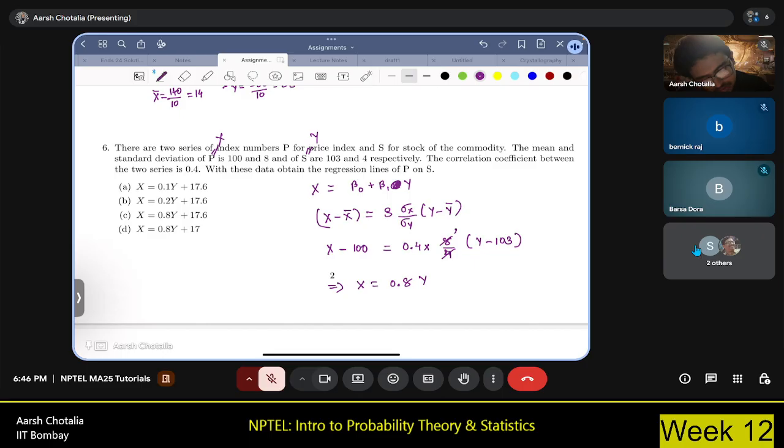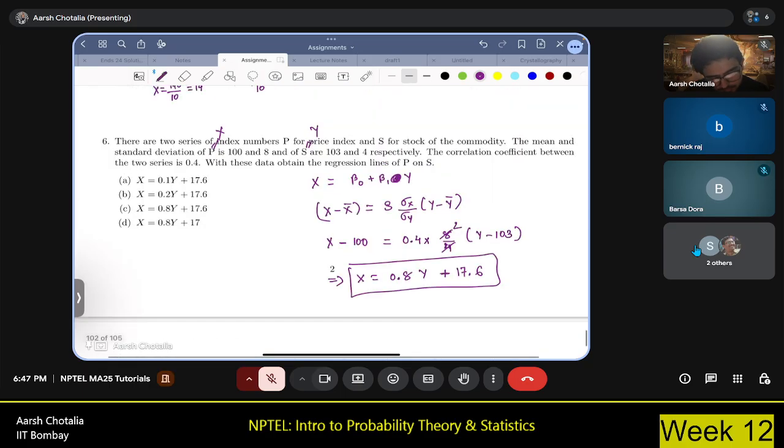This 8 by 4 gives 2, so 0.8 times y, and minus 103 times 0.8 plus 100. That will give you plus 17.6. Okay, so this is the answer. Where is it? Yeah, third one.